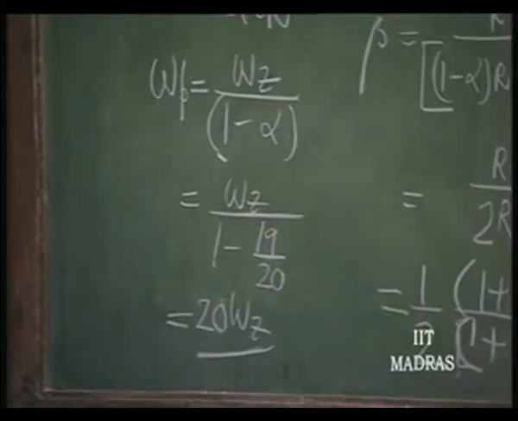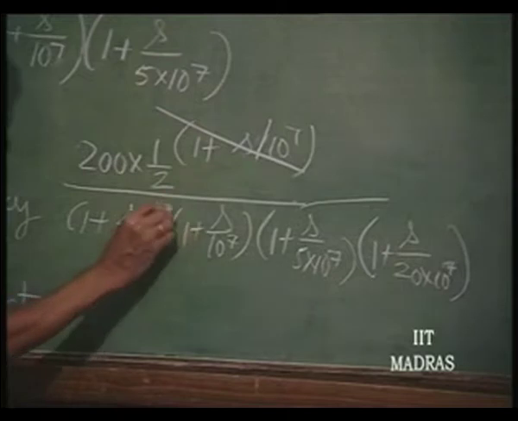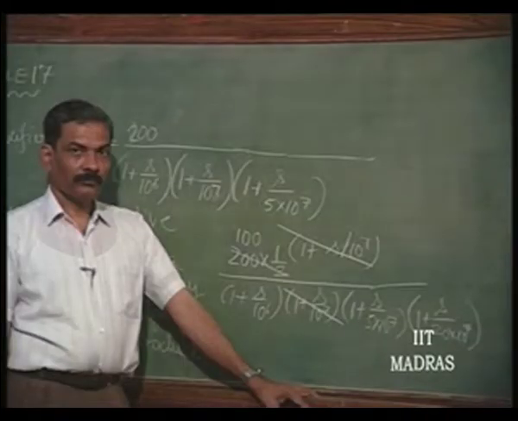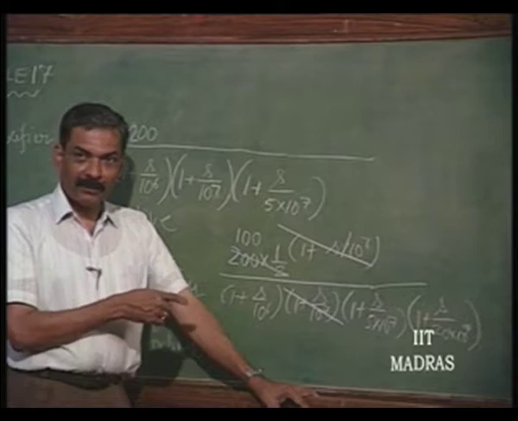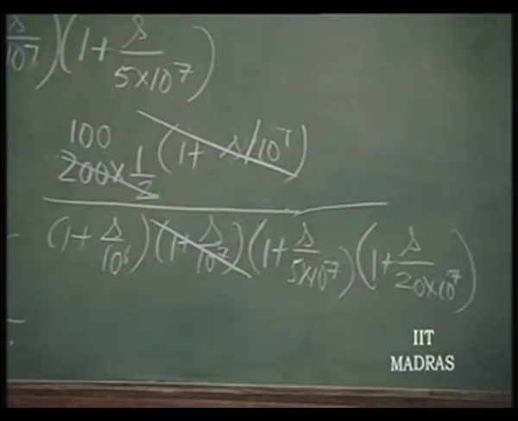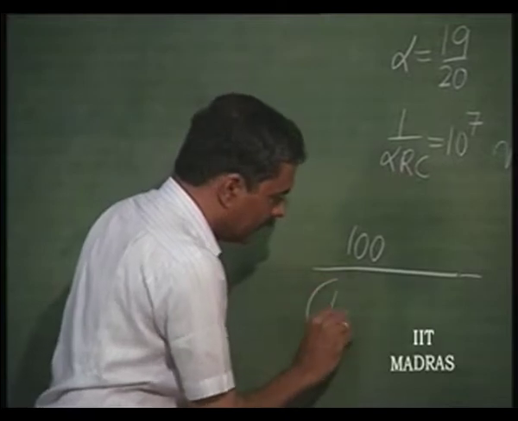So, is that clear? Now, this gets cancelled with this and this becomes 100. So, we saw that the A beta now gets modified as 100, same value as before, this remains the same.